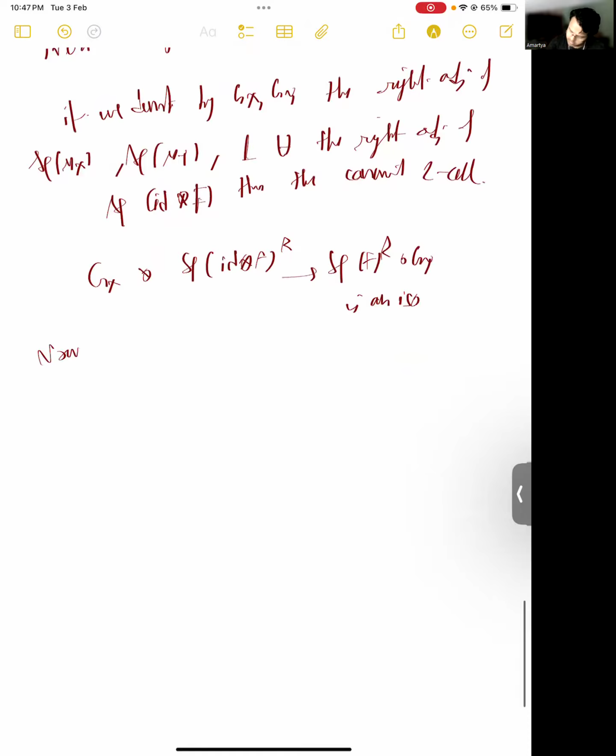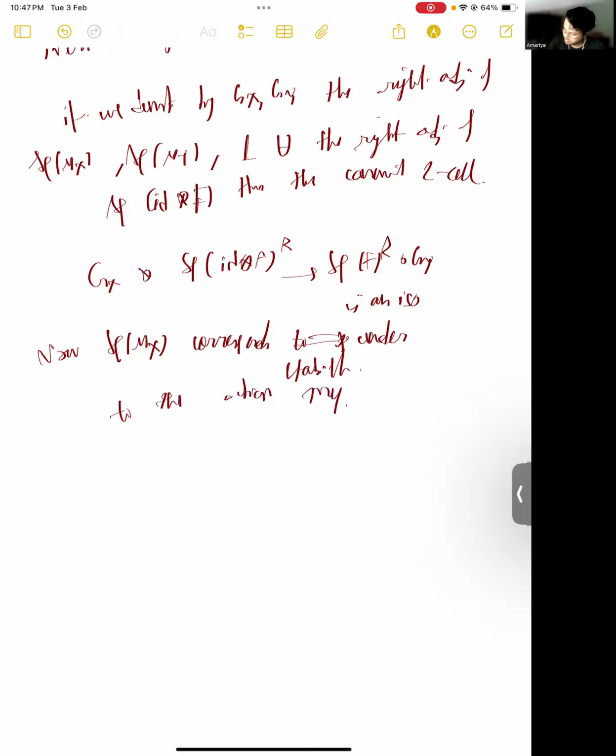So now this says P of mu x corresponds under stabilization to the action map Q co x.